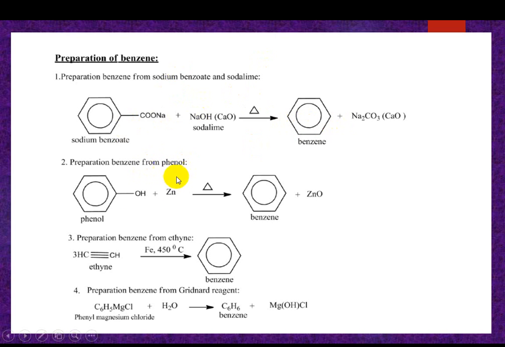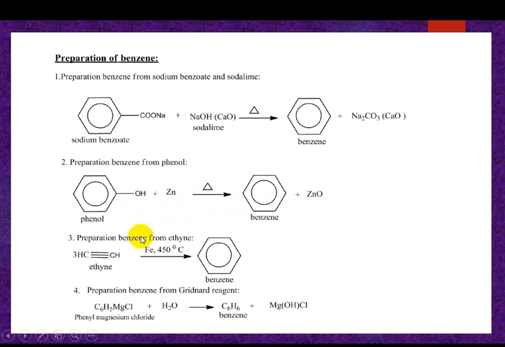And from phenol: benzene can be obtained by heating phenol with zinc dust. This is the zinc dust.